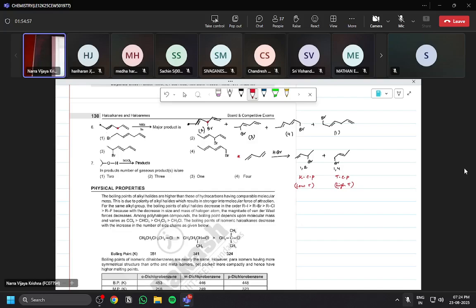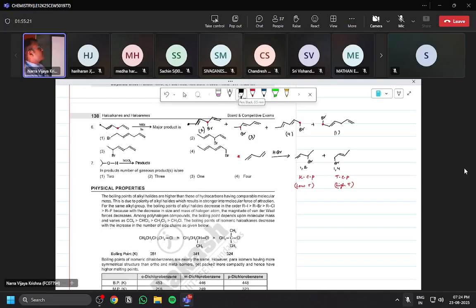This is a secondary radical. Both pi bonds are in conjugation in the same direction. This is a primary radical, but conjugation with only 1 pi bond. Here, secondary radical conjugation with 2 pi bonds. So which is more stable? Generally, we expect the second product.